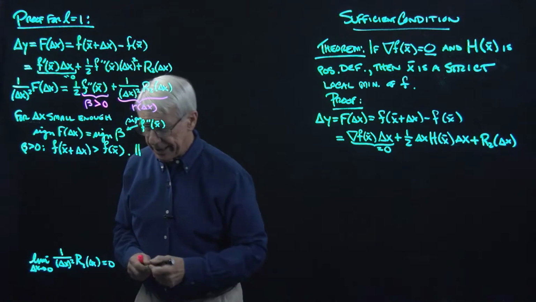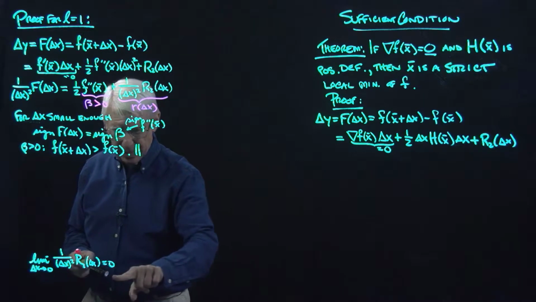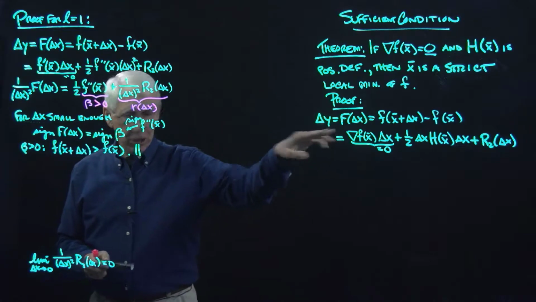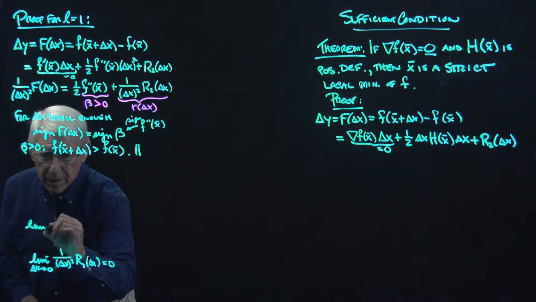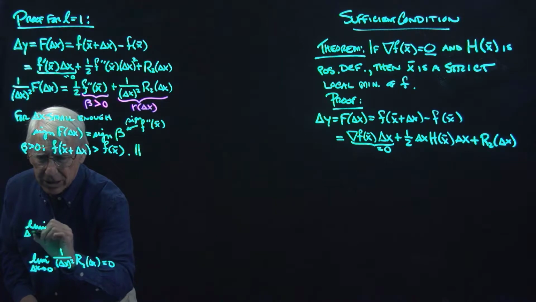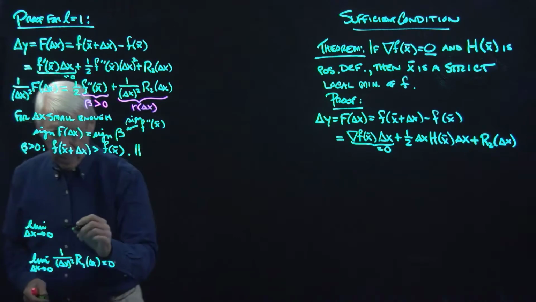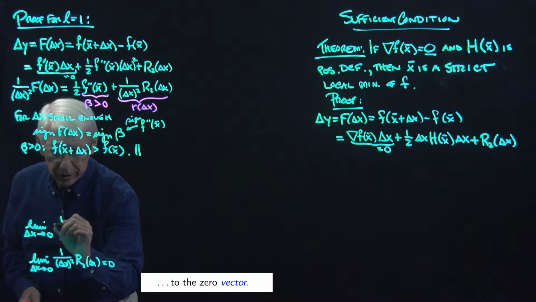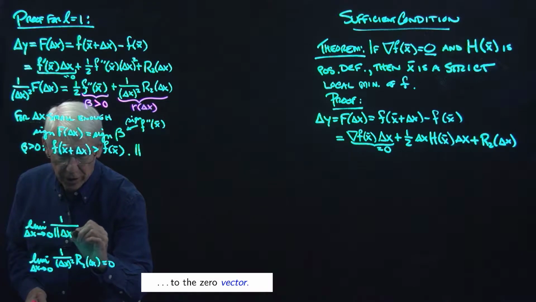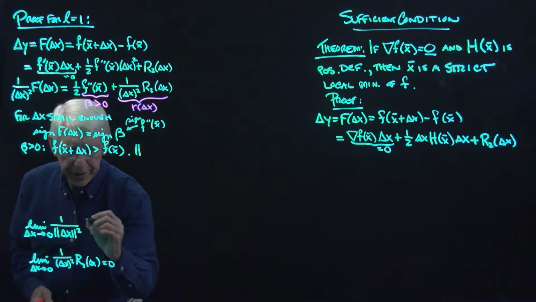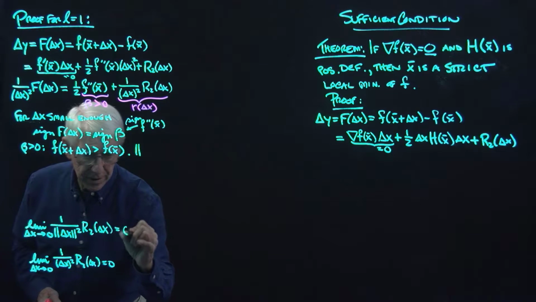So let's go back over here and write down the analog of this statement in the multidimensional case. That's going to be that the limit as delta x goes to 0 of 1 over the norm of delta x squared, R2 of delta x, is 0.